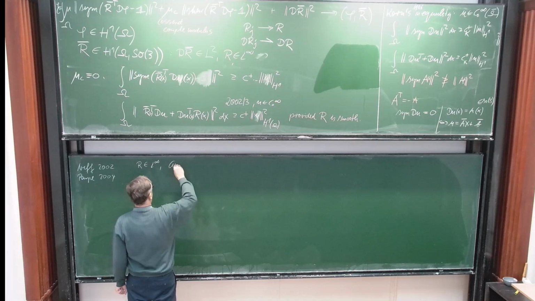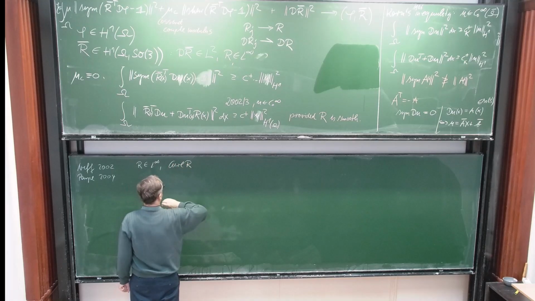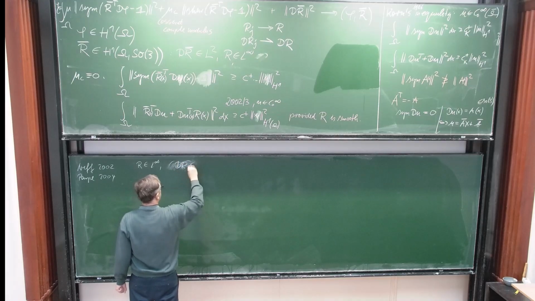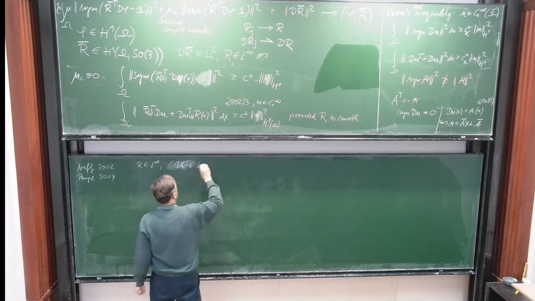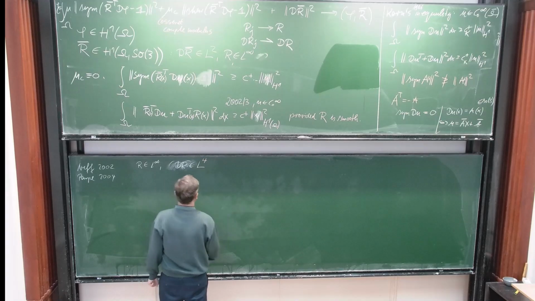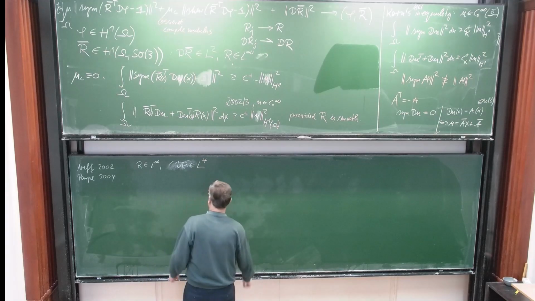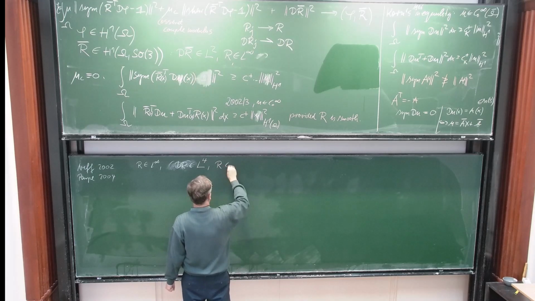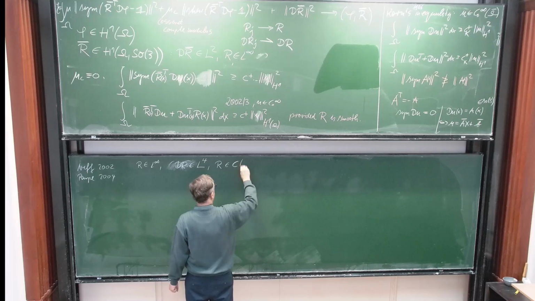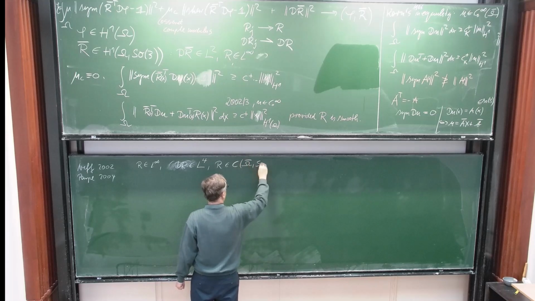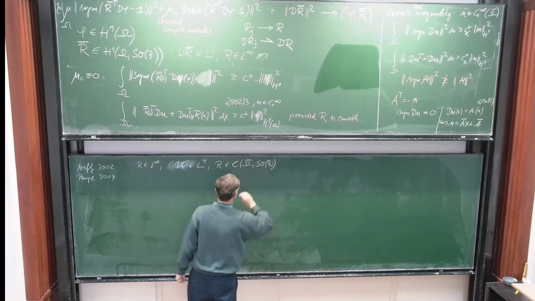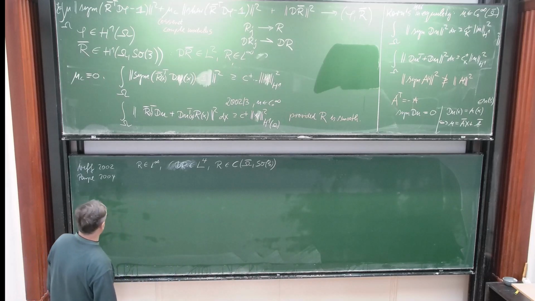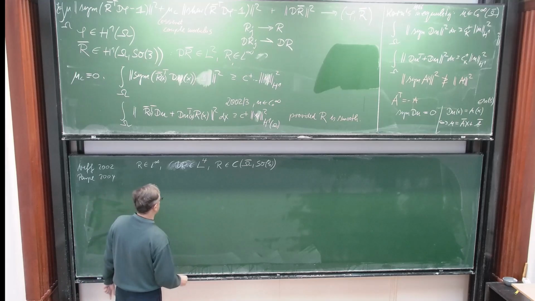The derivative of R should be in L4, very strange conditions, and the rotation should even be continuous up to the boundary. That was my condition, and Pompe just streamlined that.